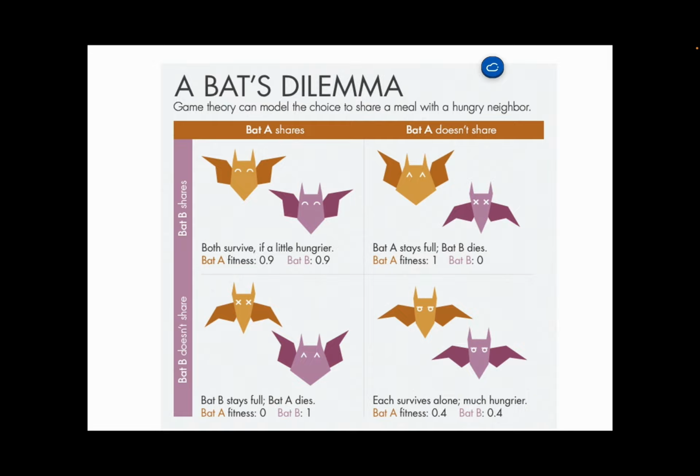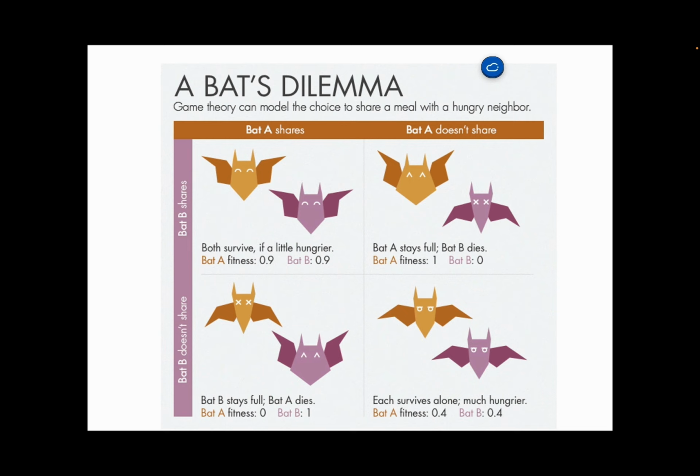So we can imagine a situation where there's two bats, A and B, and sometimes A will have fed and B has not. So A might have the choice to be helpful, to share its food with B when B is starving, or it could just keep all that food to itself and save those extra calories.